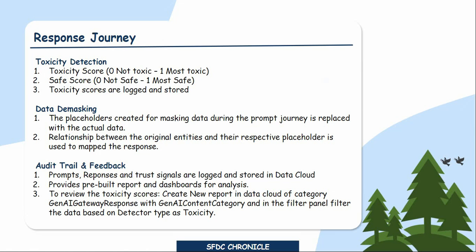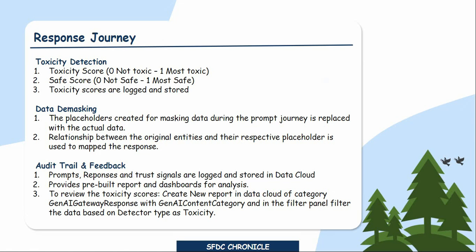If you remember, we talked about masking in the prompt journey. Whichever data is very sensitive, we mask it. Now, once we get the response from the LLM, we need to demask it.